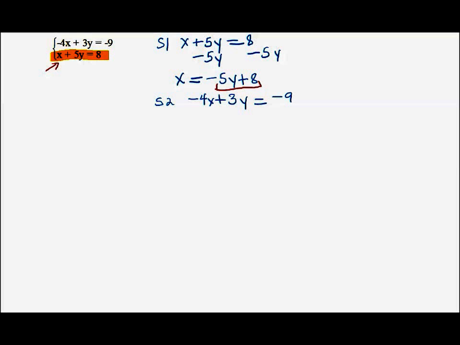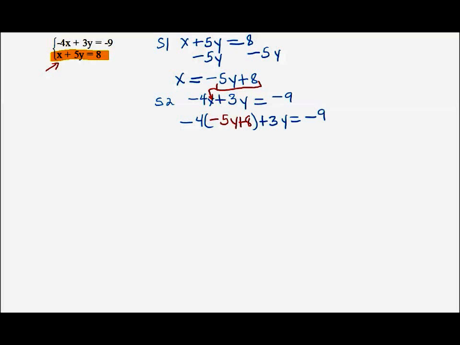I'm going to substitute it in for the x value in my other equation. So that's going to give me a negative 4. Now when I get to the x, I don't put x. I replace it with this negative 5y plus 8. And I write the remaining part of the equation.